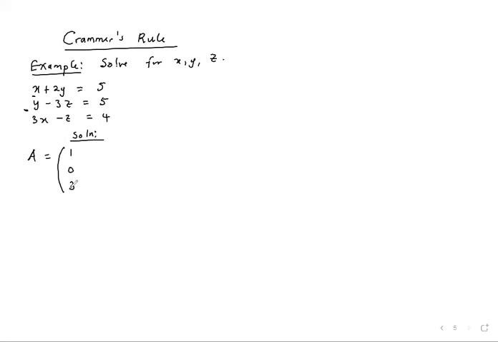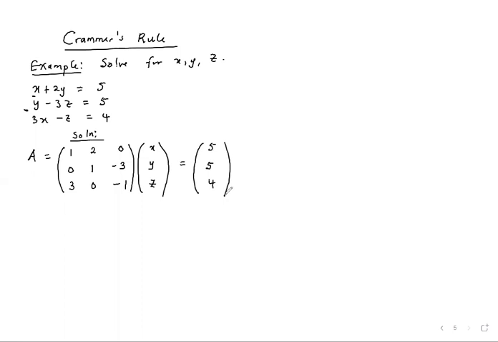We got y 2, 1, 0. We got z 0, negative 3, negative 1. If you multiply this by x, y, z, we must get the numbers on the right. 5, 5, 4.